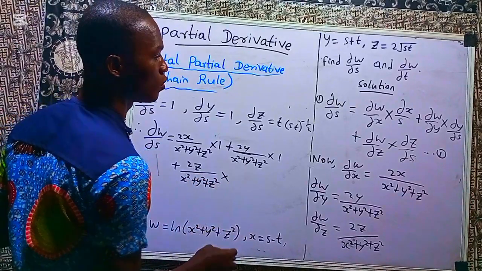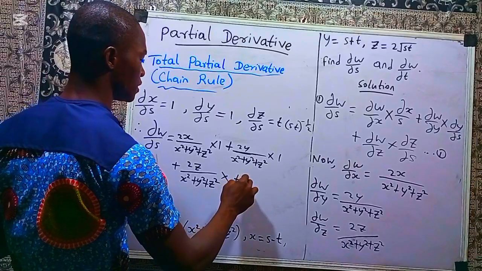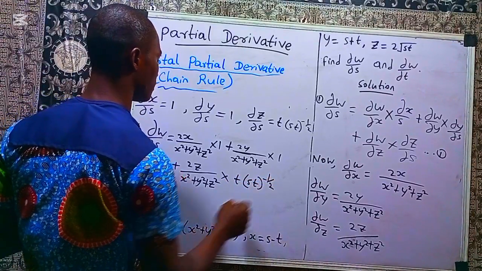Multiply by, what is partial z partial s? It gave us t into (st) raised to the power negative half.